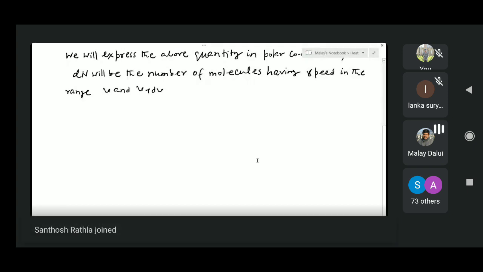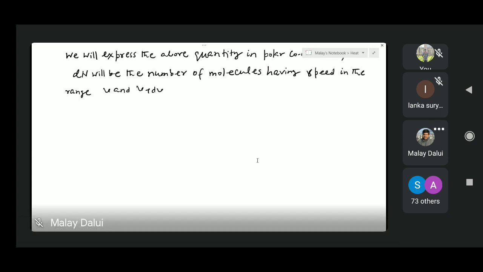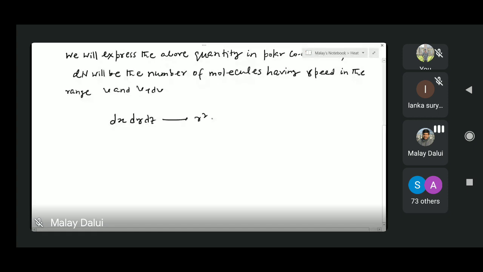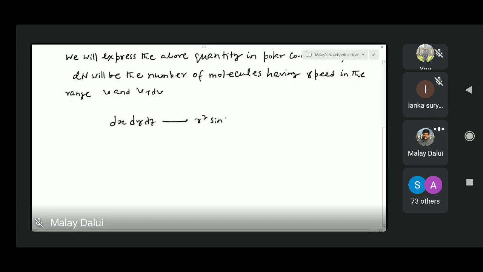Now, for position coordinates, when you go from Cartesian dx, dy, dz to spherical, you write it as r square sine theta, dr, d theta, d phi.